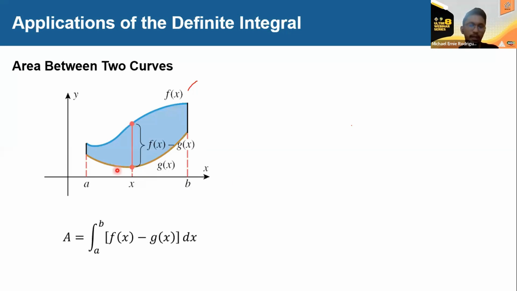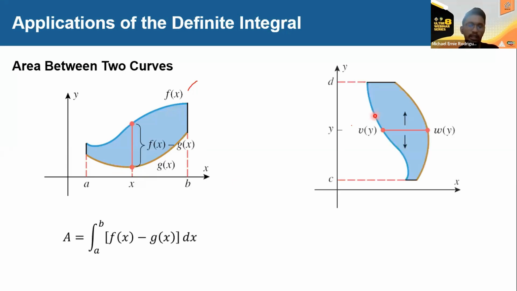Okay? And then kapag ganito, we use the horizontal strip, and then we have w of y and v of y. Okay? So we have the integral of w of y minus v of y dy with limits from c to d. So yung c natin and d yung ating limits. Okay? So we get the area under this curve.